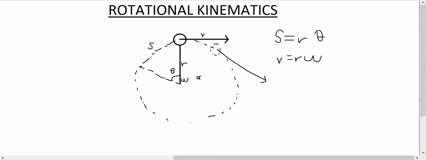It always affects this tangential velocity by a magnitude of r. Tangential acceleration is represented by a, and a is equal to r alpha. Shouldn't be too hard to understand.